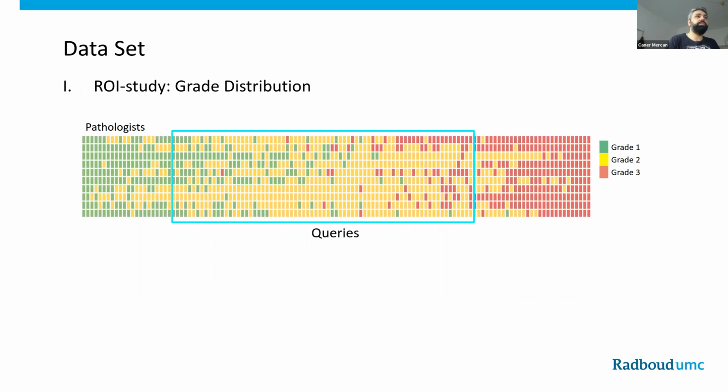Especially in the annotated region here, in these queries, some pathologists went for a score of 2, some said 1, some said 3 for the same tumor region. And again, these scores were assigned on homogeneous tumor regions of interest, not on entire whole slide images.